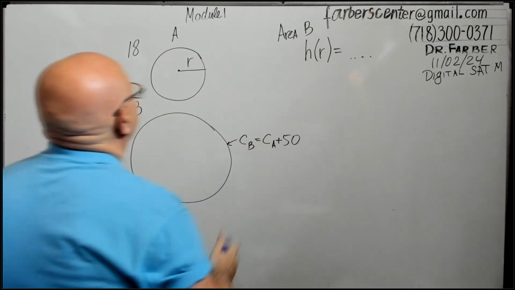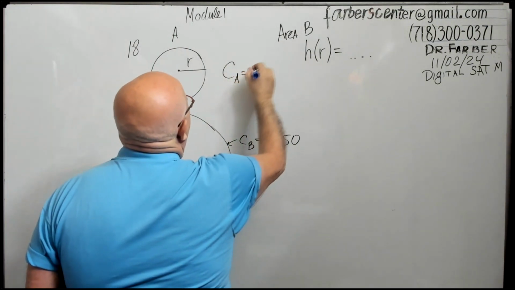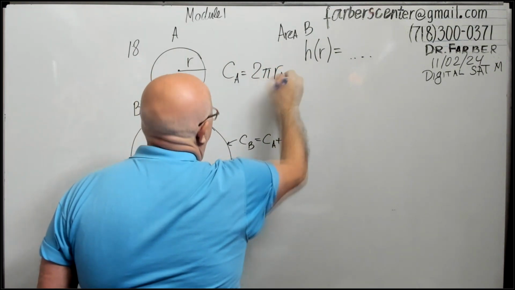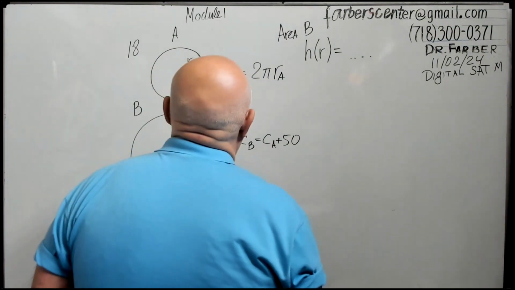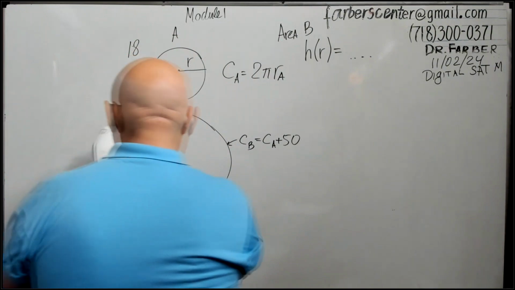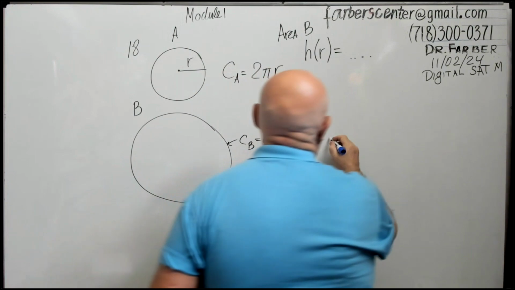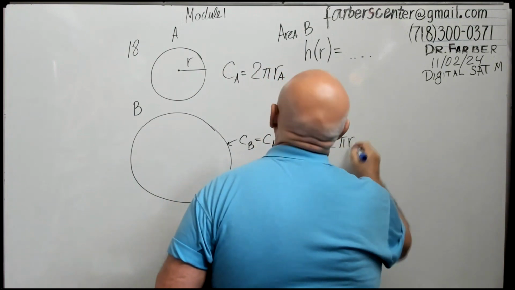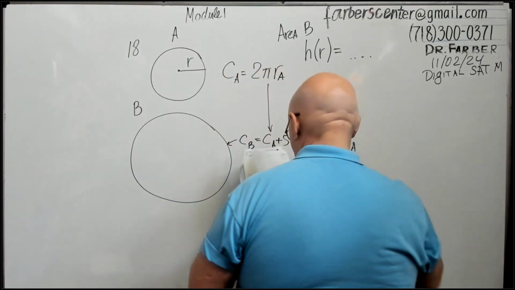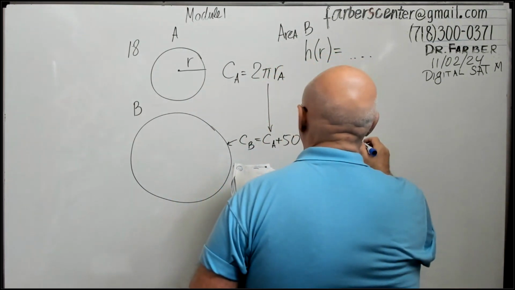First of all, the circumference of A is 2 pi RA. So the circumference of B would be 2 pi RA plus 50.